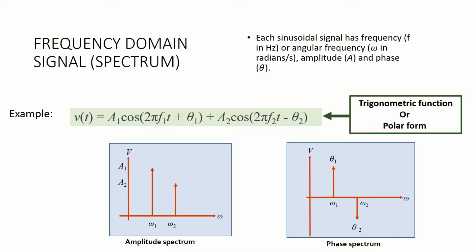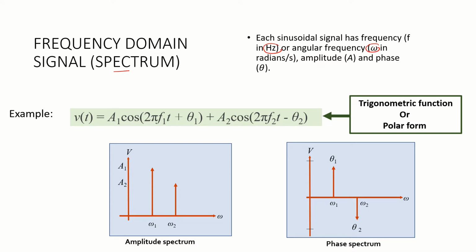Now let's look into the frequency domain, which we also know as the spectrum. Each sinusoidal signal has a frequency f. Usually frequency is represented in hertz or as angular frequency omega.